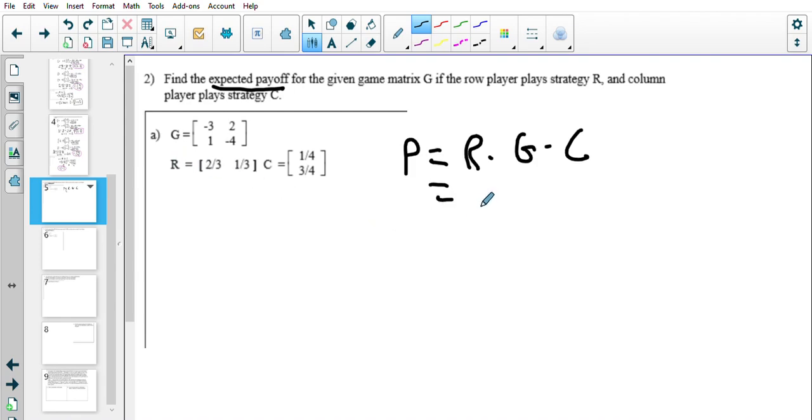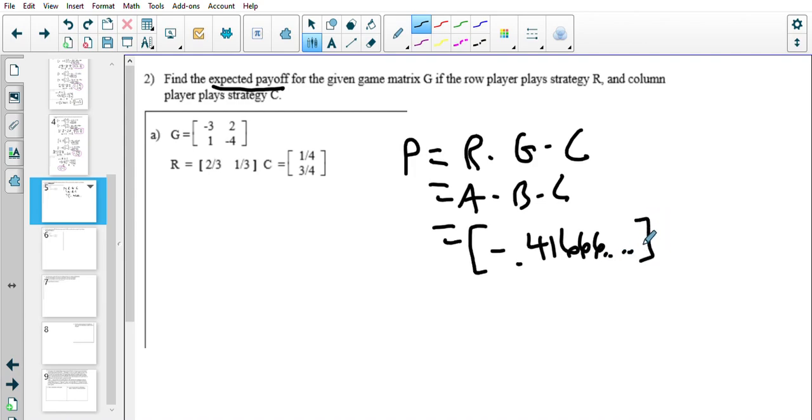So in my calculator, what I'm doing is A times B times C, and that is equal to, as a decimal, -0.41666... As a fraction, that is -5/12.